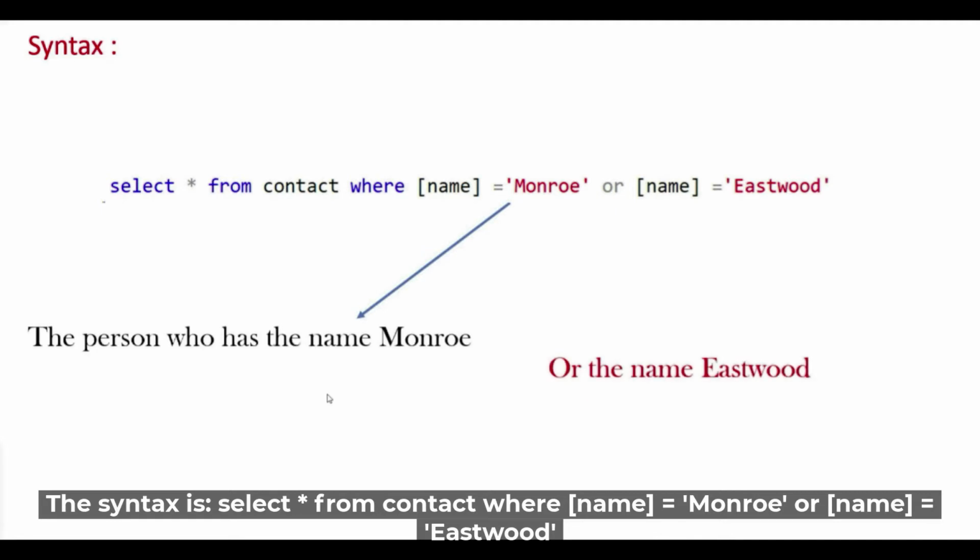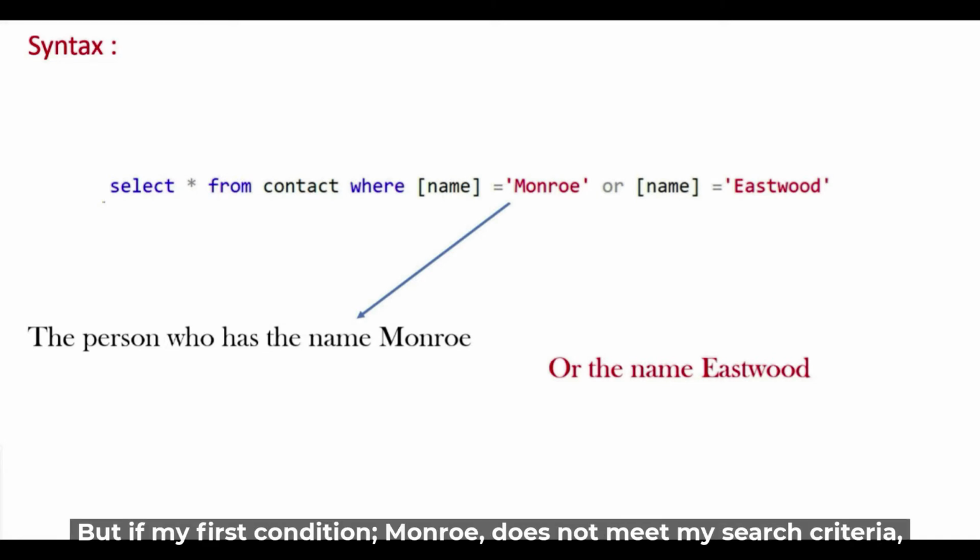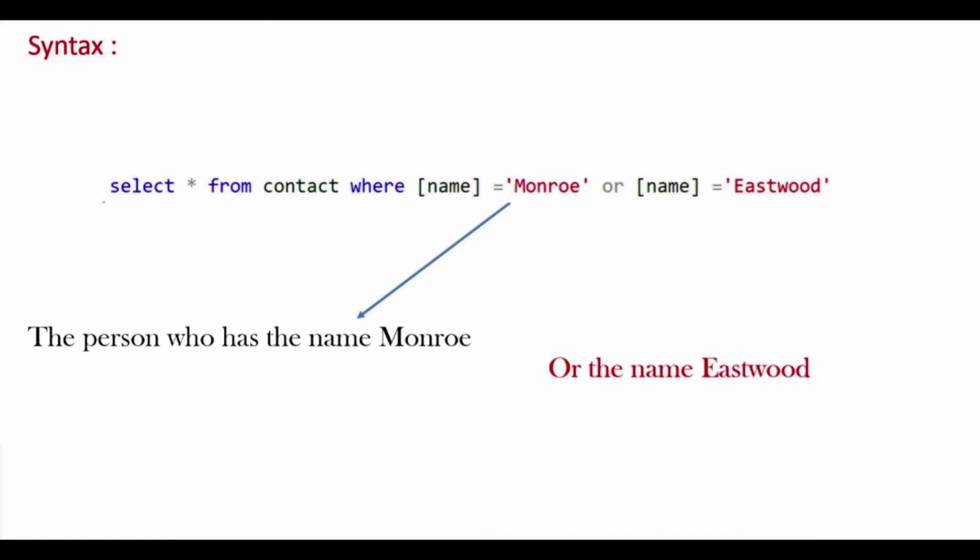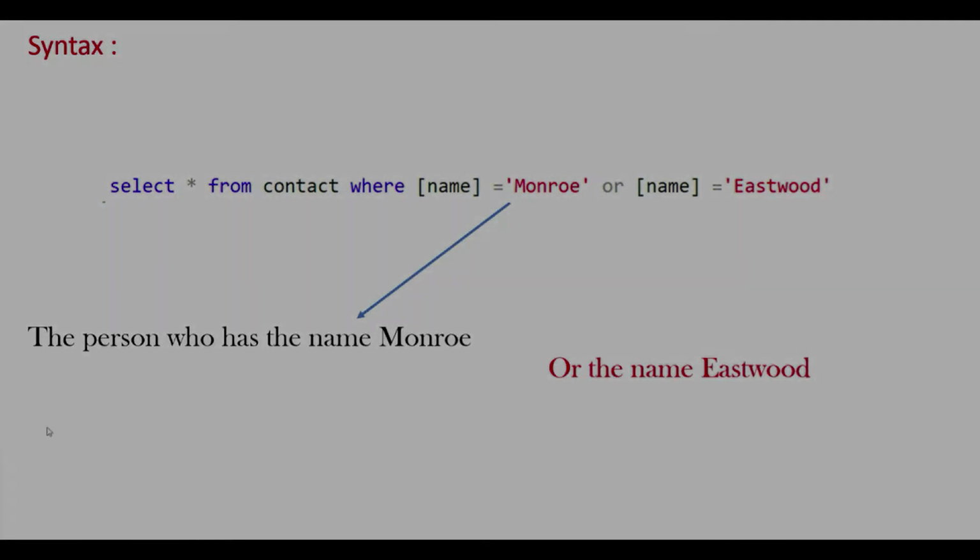So take the person who has the name Monroe or the name Eastwood. But if my first condition, Monroe, does not meet my search criteria, I can take the name Eastwood in my query. Okay? So to make it clearer, let's see all this in demonstration right away.